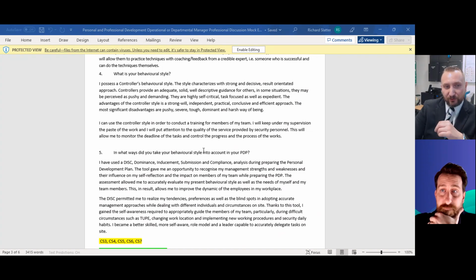So in my opinion, the controller style is the style that I possess, but also the results of the test that I took indicated the behavioral style as the controller's one. I found analogy between the main points of the controller style and my character features.